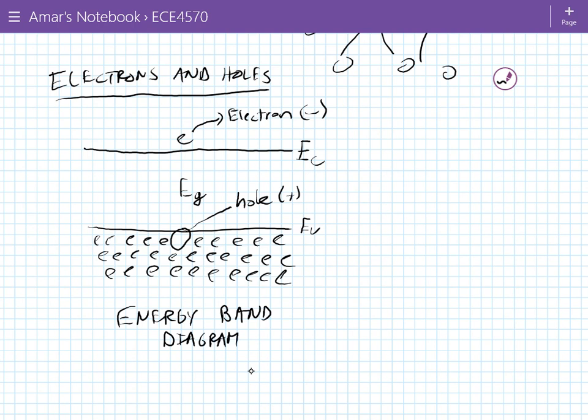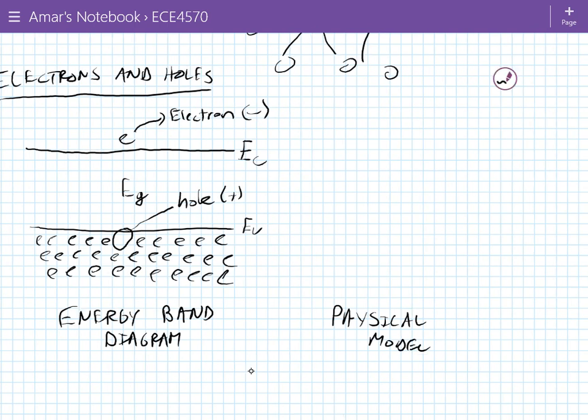Now, physically, in the physical model, we can think about it like this. Let's say we have silicon atom, silicon atom. I'm only drawing 5 of them. Obviously, you know that there are more. Covalent bond between them.